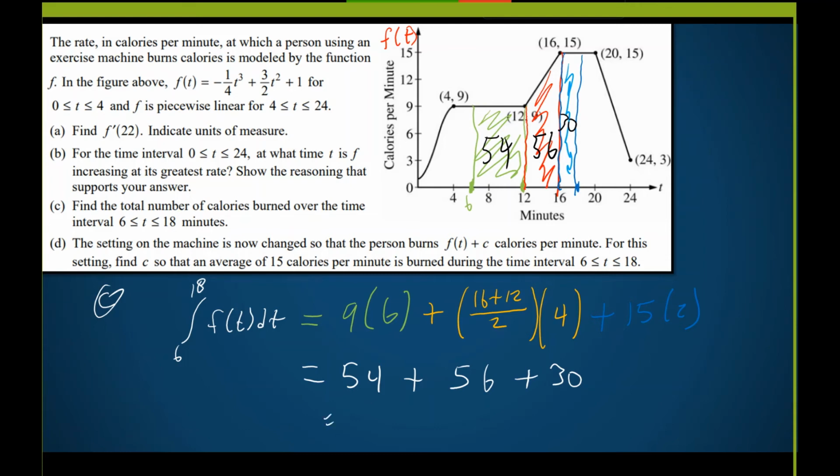Okay, that was 140. I'm going to double check really quick. So we had 2, 28. That's fine.